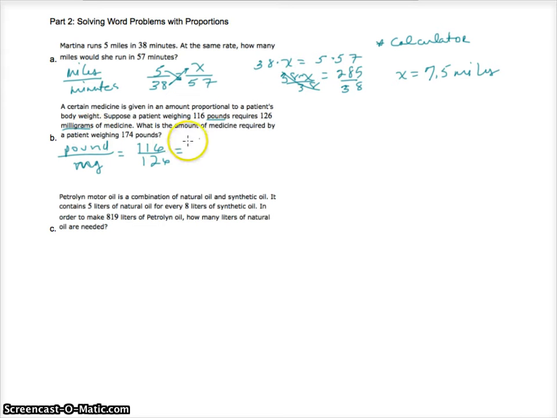Equals 174 pounds. And they say how much medicine, which is x. Now I'm going to cross multiply and get 116 times x equals 126 times 174.